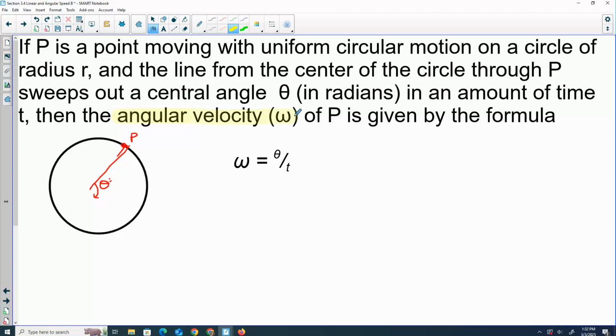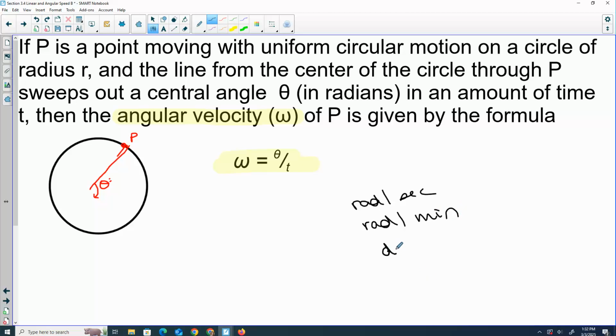So angular velocity, it looks like a W, it's actually a Greek letter, omega, equals theta over T. Theta is your angle, T is your time. Big thing, these must be in radians in order to work. So your units, if theta is in radians, you're going to see like radians per second or radians per minute.